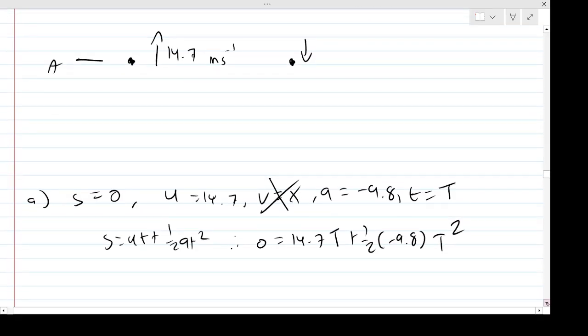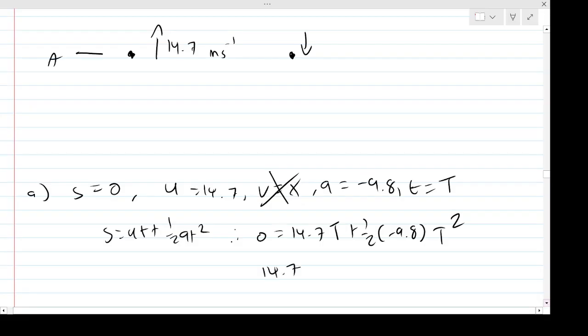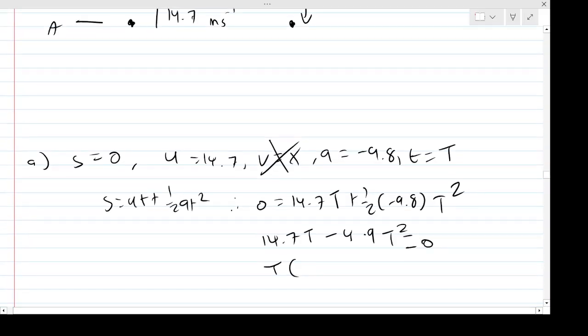If I simplify, I get 14.7T minus 4.9T squared equal to 0. If I factorise, I get T of 14.7 take away 4.9T set to 0.